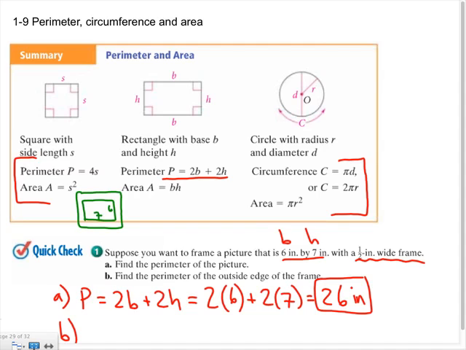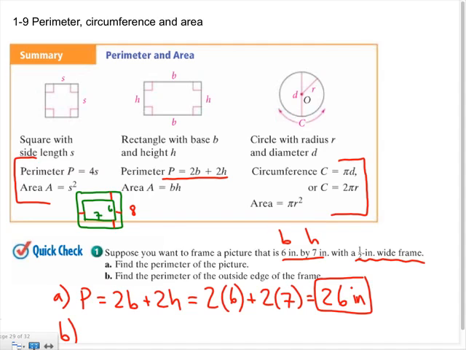And in this case, it's adding an extra 1/2 inch on each side, which means if I want to label the base and the height in this new picture frame, I have to add a 1/2 inch here and a 1/2 inch here. So the new height wouldn't be 7, but it would be 8. And I have to do the same for the width. For the width, I'd have to add a 1/2 inch here and a 1/2 inch here.